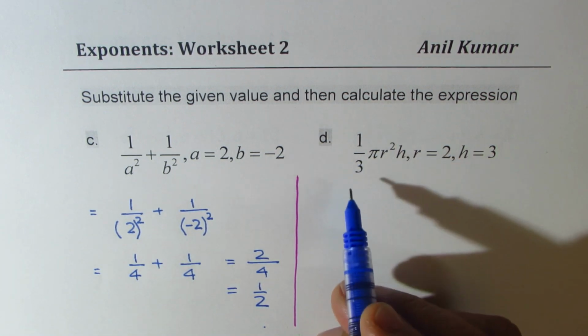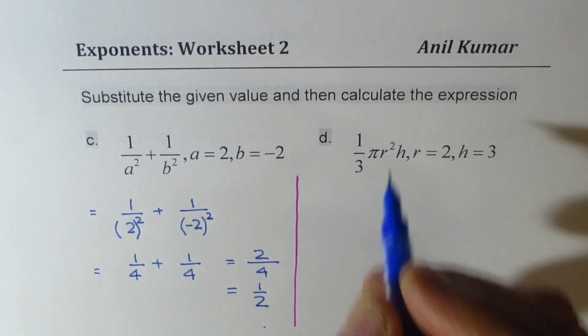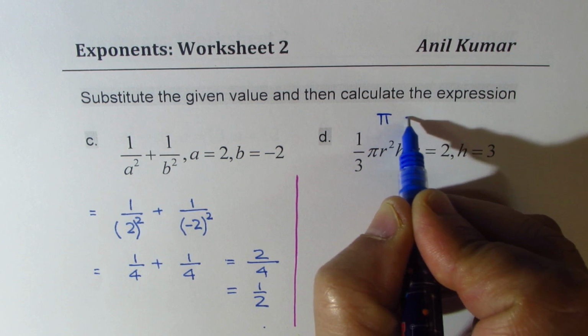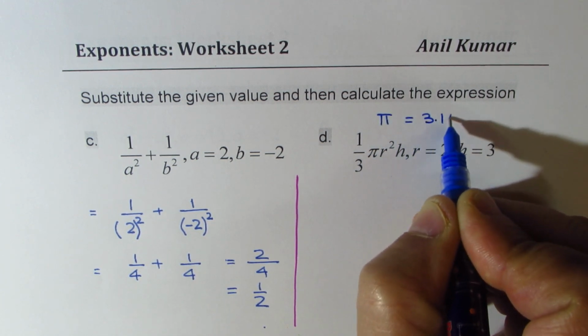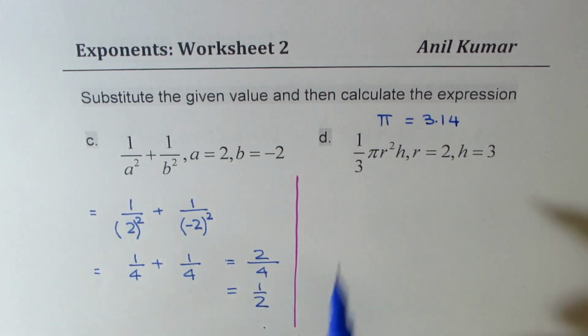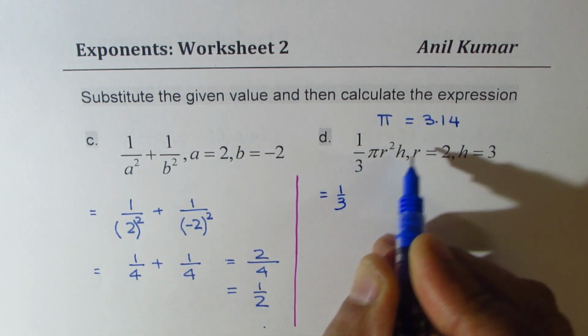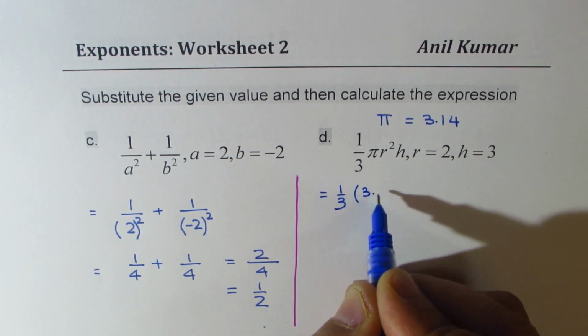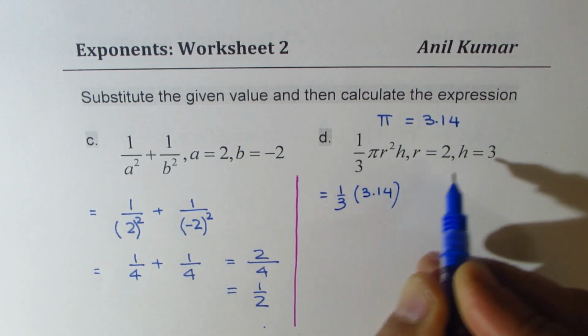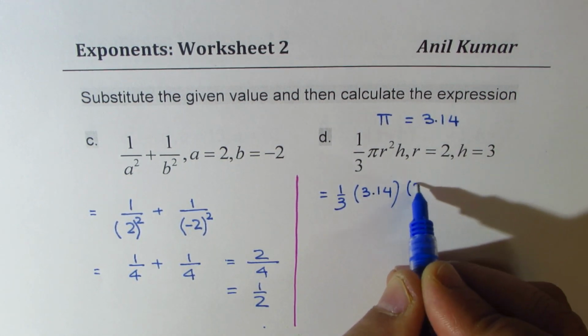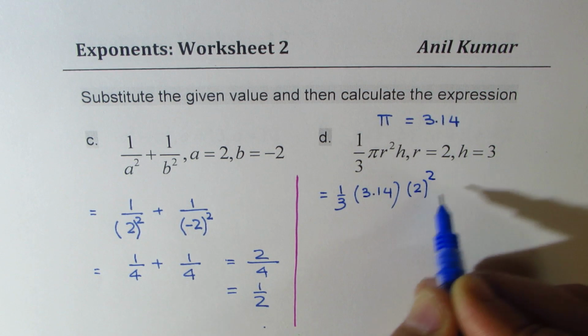Now we have 1 by 3 pi r squared h. As you know, we are taking the value of pi as 3.14. So 1 by 3, pi is 3.14. r is 2 for us, so we'll write 2 squared, and h is 3.